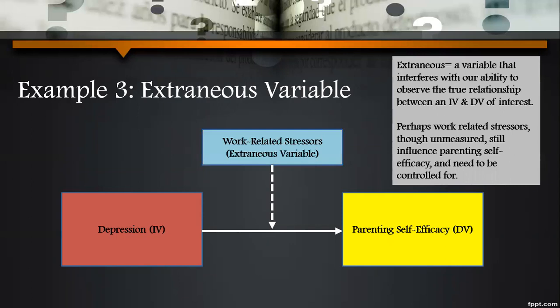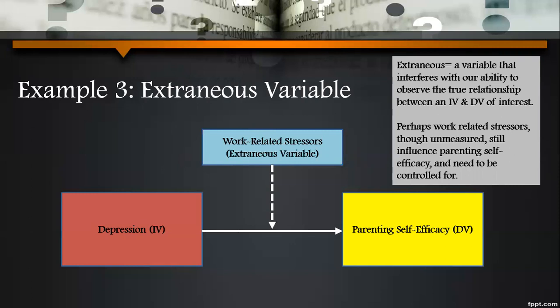In addition, we also have extraneous variables. Extraneous variables are variables that interfere with our ability to observe the true relationship between an independent variable and dependent variable of interest. Perhaps work-related stressors, though they may be unmeasured, still influence parenting self-efficacy and need to be controlled for.